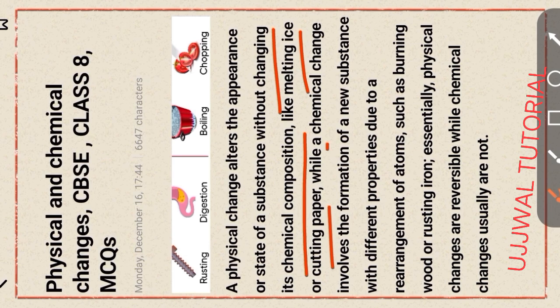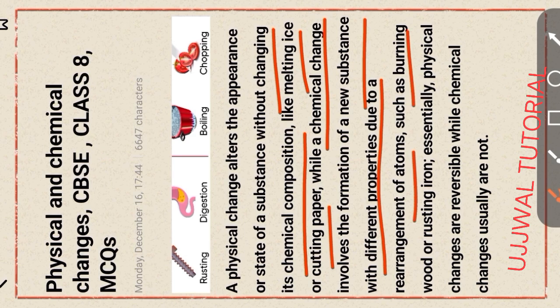A chemical change involves the formation of a new substance with different properties due to a rearrangement of atoms, such as burning wood or rusting iron. Essentially, physical changes are reversible while chemical changes usually are not.